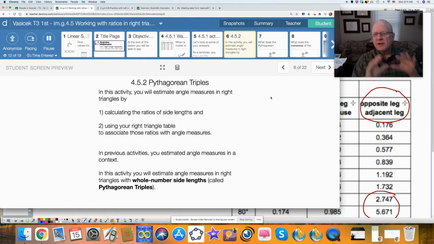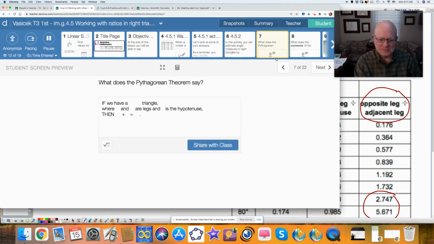Now, there's only 16 primitive or relatively prime Pythagorean triples with a hypotenuse of less than 100. And there's only 50 Pythagorean triples total with a hypotenuse of less than 100. So you can put your arms around this. This is something that you can look at. Most right triangles are not Pythagorean triples. So these are only the real nice ones, if you want to call it that.